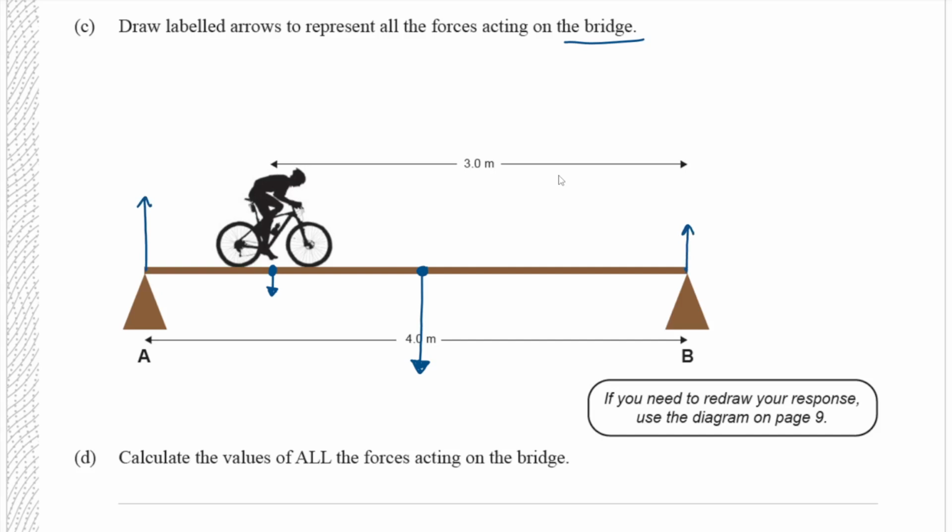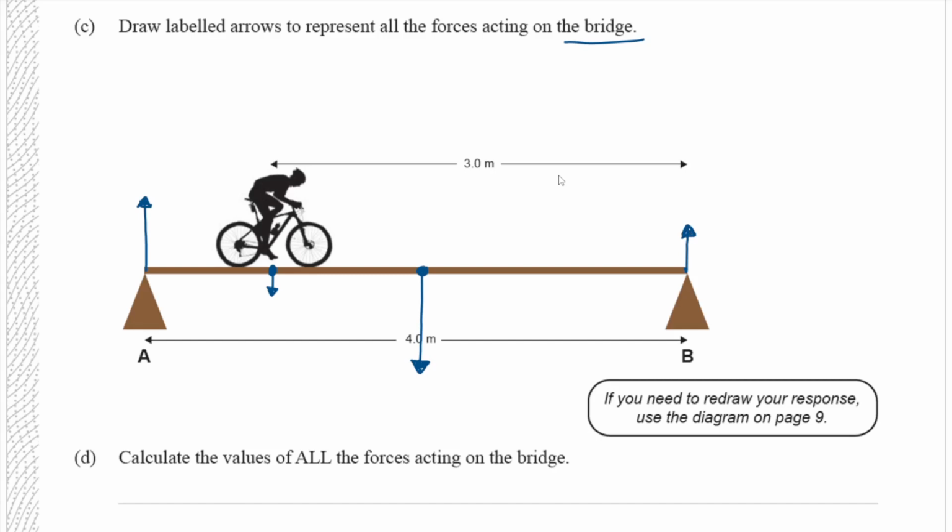So in this case, the support force at A will be greater than the support force at B. And we show that by drawing the arrow at A a bit longer than at B. Right? Doesn't need to be perfect, but that looks good.